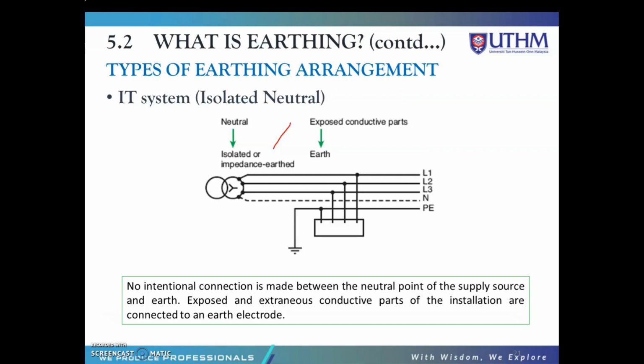For the isolated neutral, no intentional connection is made between the neutral point of the supply source and earth. Then exposed and extraneous conductive parts of the installation are connected to an earth electrode.